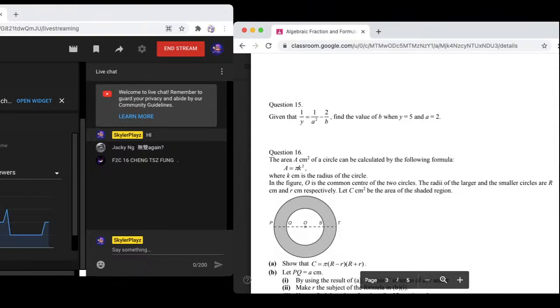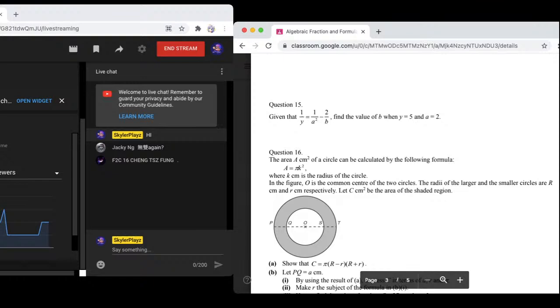Question 35. When y equals, and then a equals 2, so 1 over 5 equals 1 over 4 minus 2 over b.